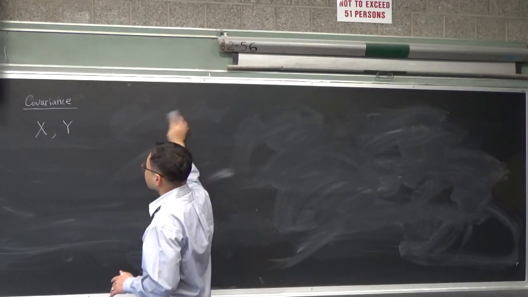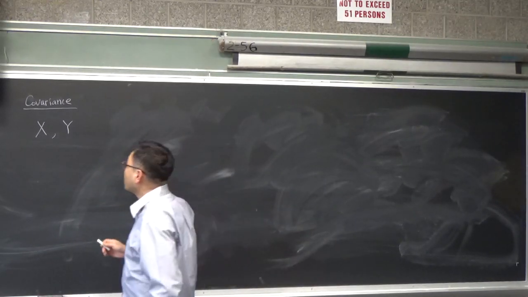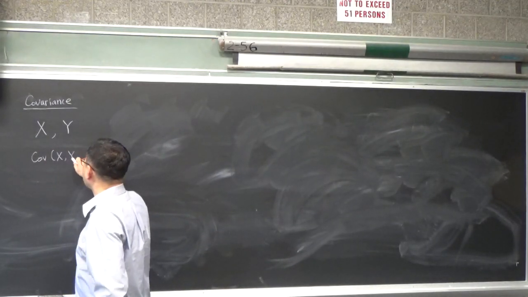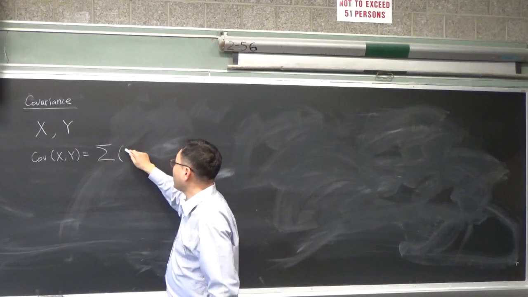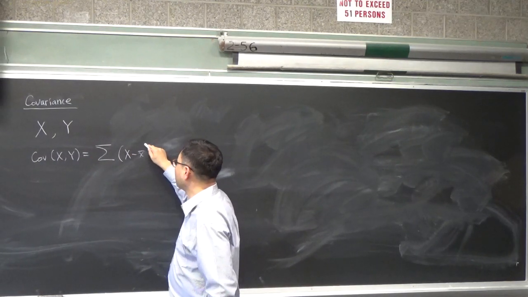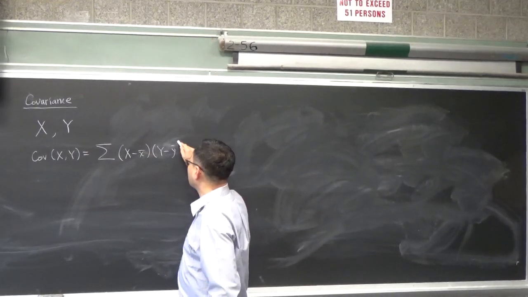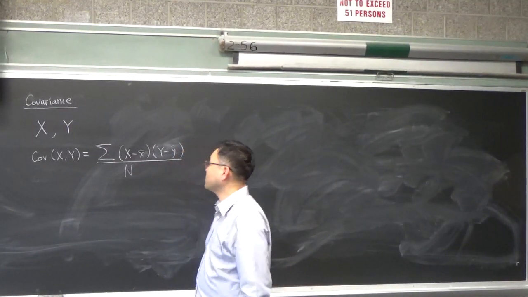Okay, so if you have such a case, we're going to define the covariance of x comma y as the sum of x minus x bar times y minus y bar, divided by n.